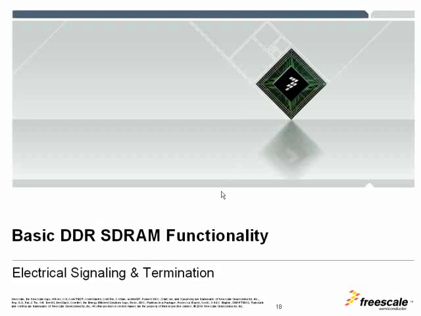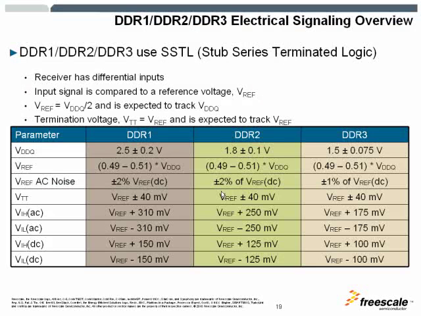In this section, we are going to discuss the electrical signaling and termination of the DDRs. Here is a table of the different voltages for DDR1, 2, and 3 that are very useful to make a note of.